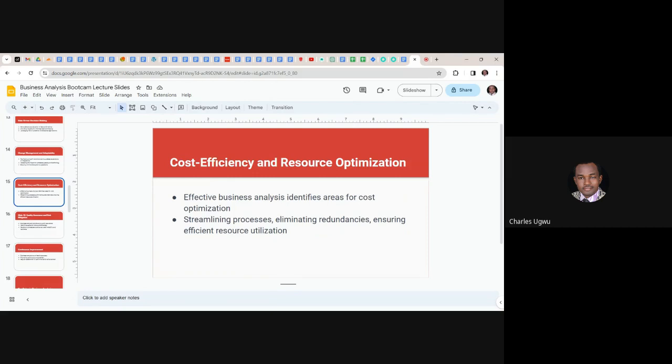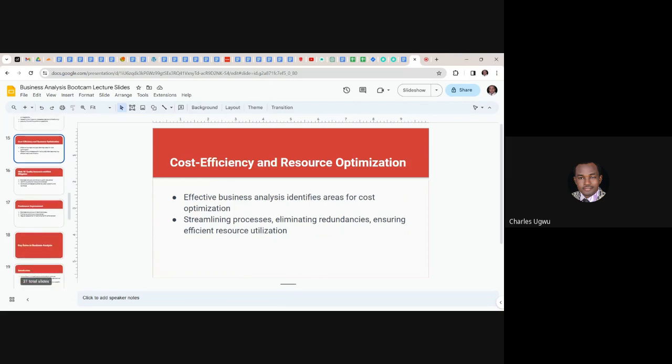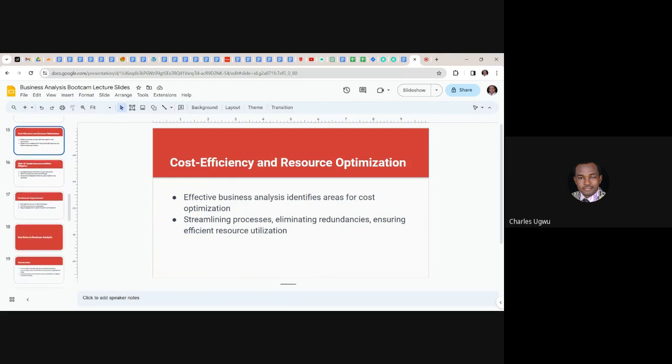We're going to look at some of the techniques like Lean and Six Sigma, but it's a bit advanced. These are meant for senior BAs, but we'll see how we are going to scratch some of these areas.